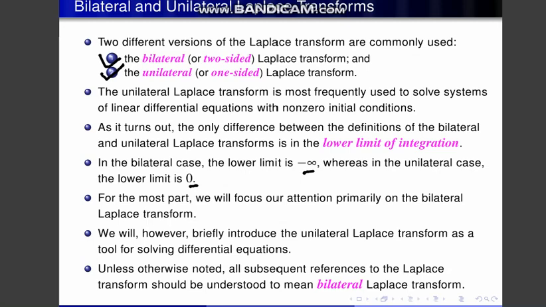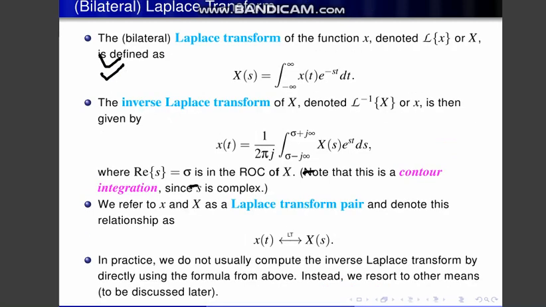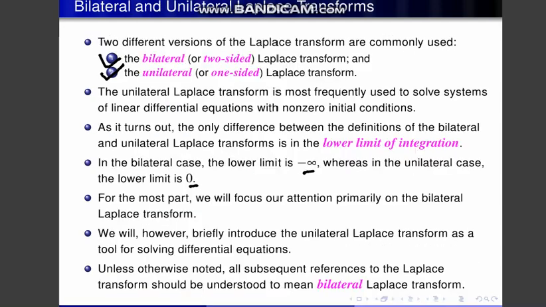That means, just look back at the equation. If it is 0 to infinity, that is unilateral. If it remains minus infinity to plus infinity, that is bilateral, that means two-sided. For the most part, we will focus our attention primarily on the bilateral Laplace transform, that means minus infinity to plus infinity.